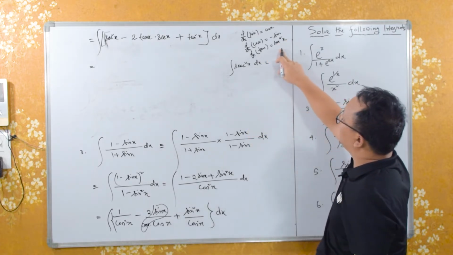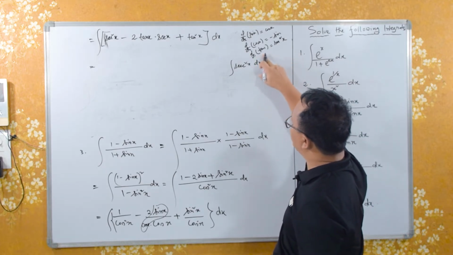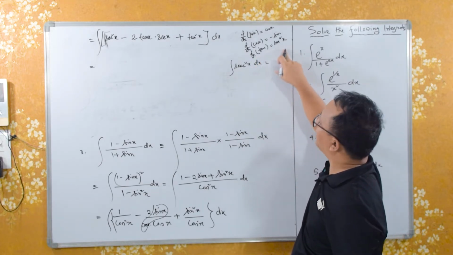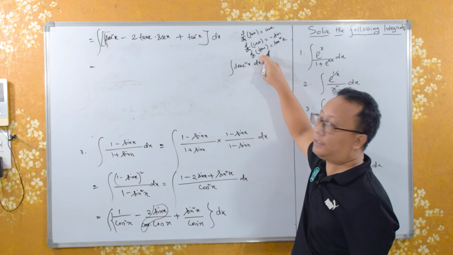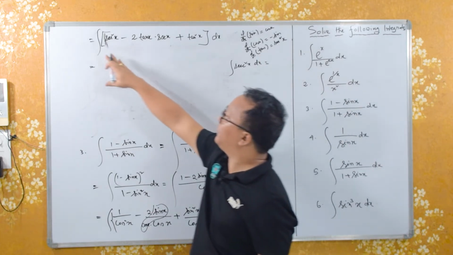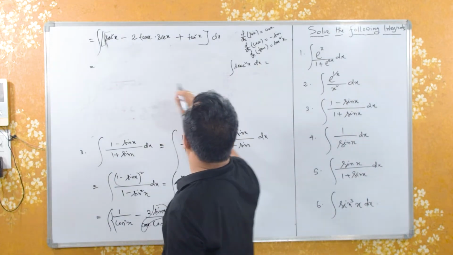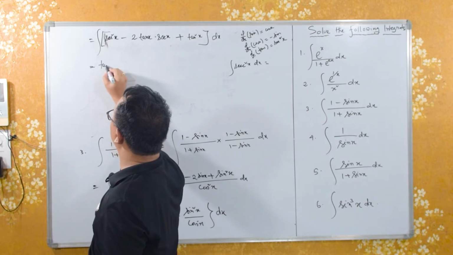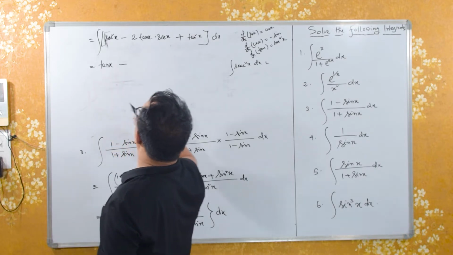Now if you differentiate tan x, you are getting sec square x. If you integrate sec square x, you will get tan x. Therefore integration of sec square x is tan x.